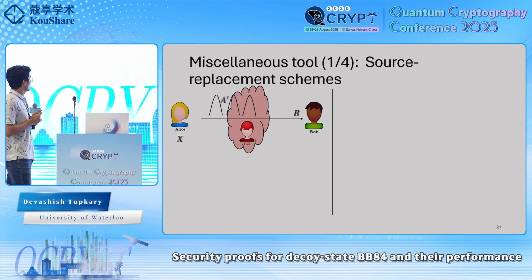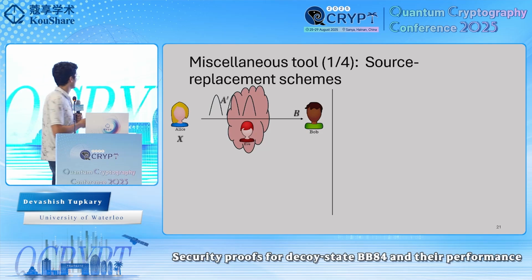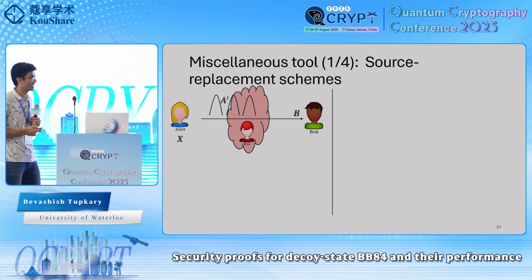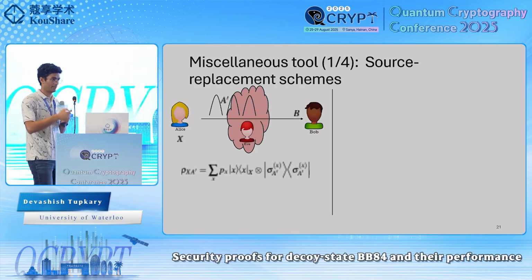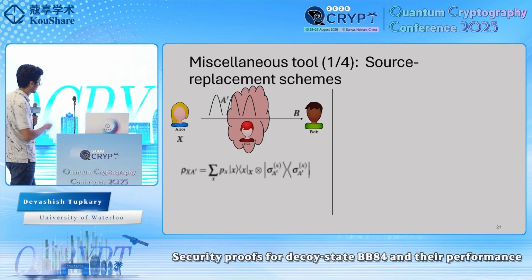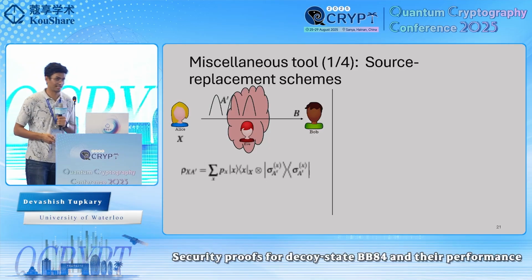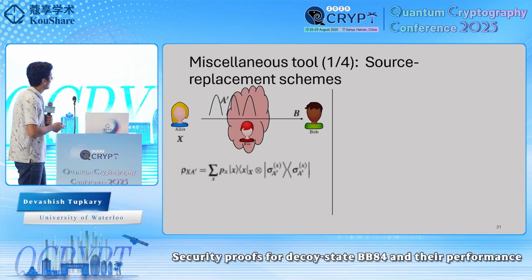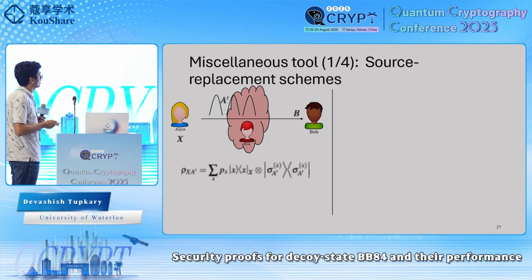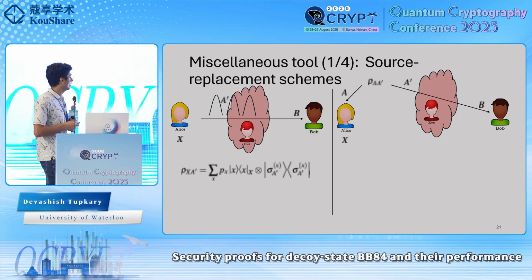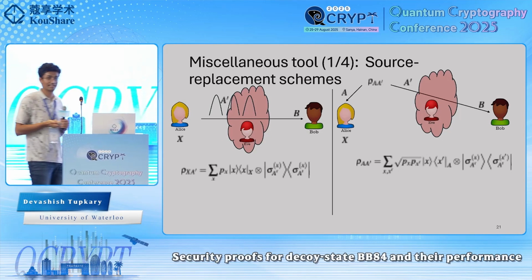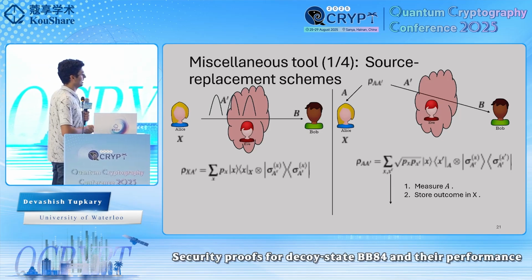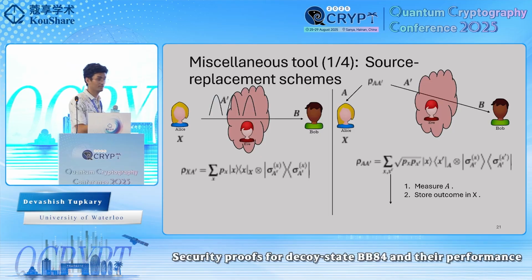So what happens in a prepare and measure protocol is Alice prepares states and sends them to Bob. Eve can attack the state Alice prepares any way she wants, and Alice's state preparation can be represented like this, where she stores her choice of signal state in the register X. Instead, one could imagine the following scenario where Alice prepares an entangled state on AA prime that looks like this, and then she simply measures the A system projectively.